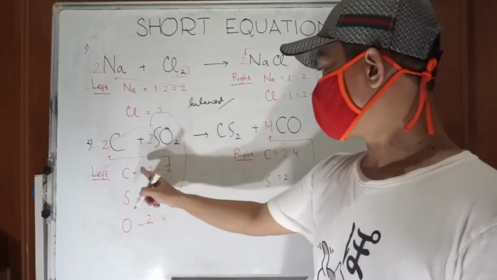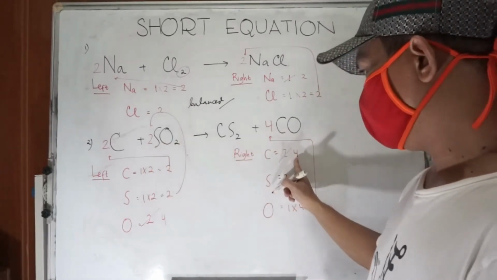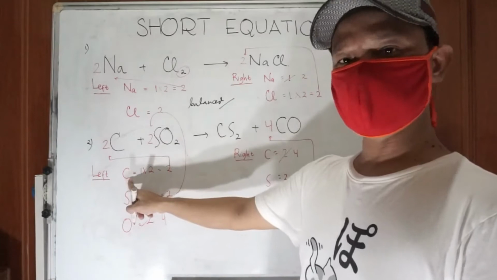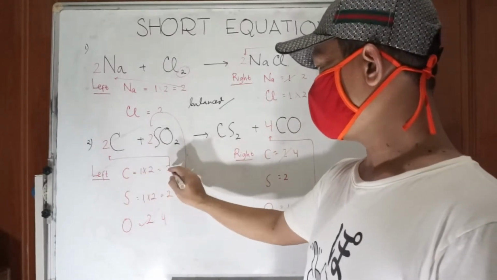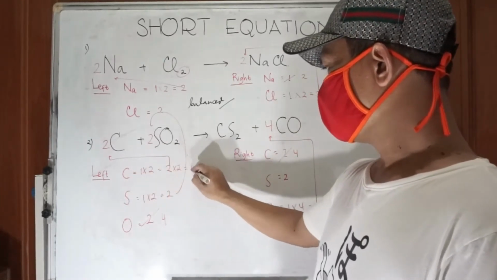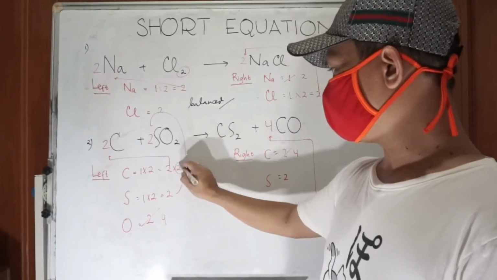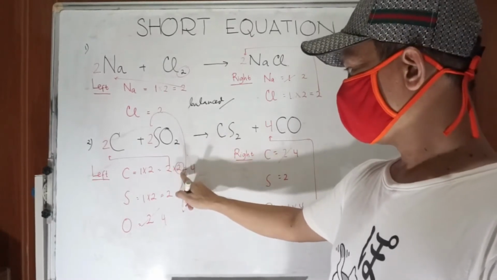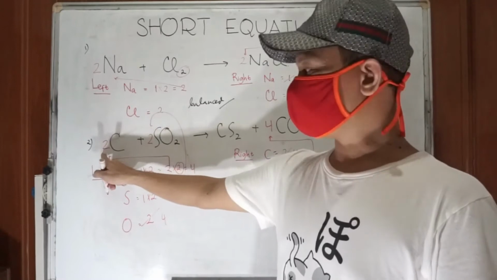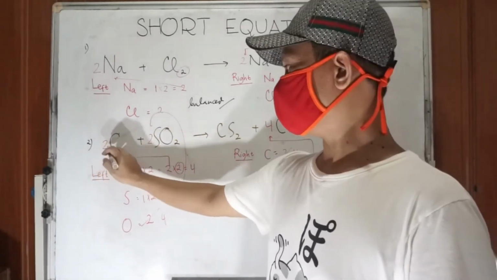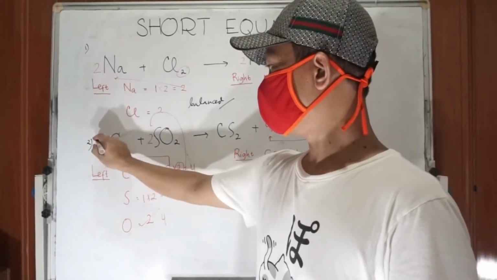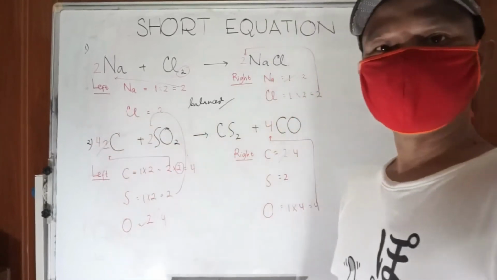Now we go to the left side. Carbon is 4, but here carbon is 2. So to make it balance, times by 2. Is 4. So because of times by 2, you have to times by 2 again. So this one, 2 times 2, the new one is 4.